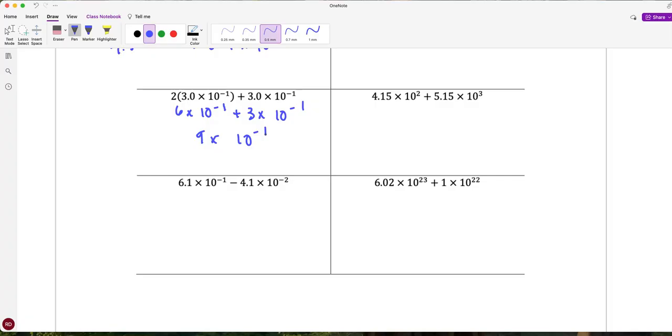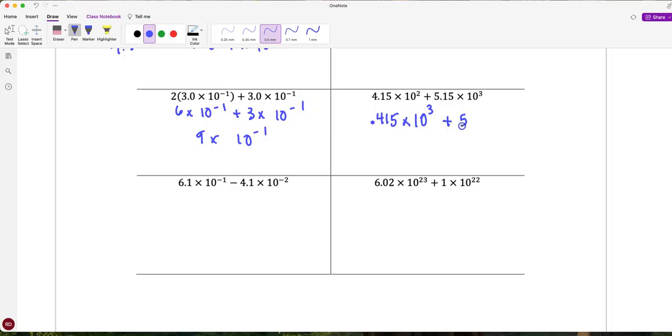Now here, I do not have like terms, okay? So I've got to figure out how I can make these like terms. If I look at this, I probably need to change one of these so that it does become like terms. I can rewrite this as 0.415. I have made it smaller by 1 power of 10, right? Then I need to make that exponent larger by 1 power of 10, okay?